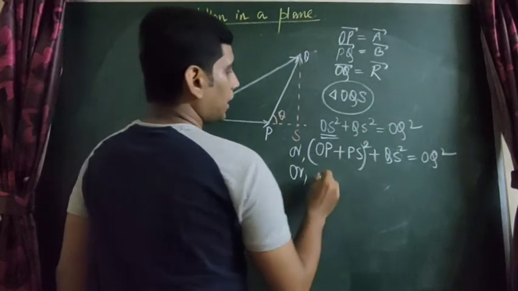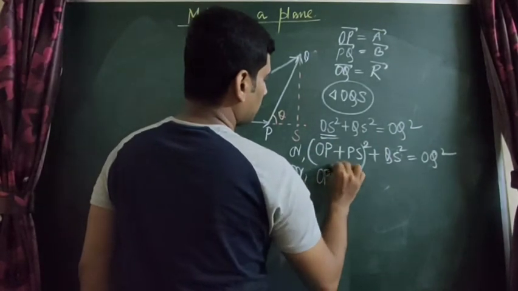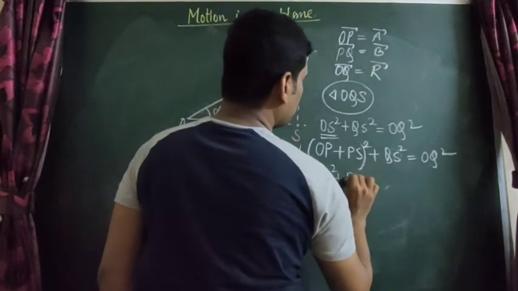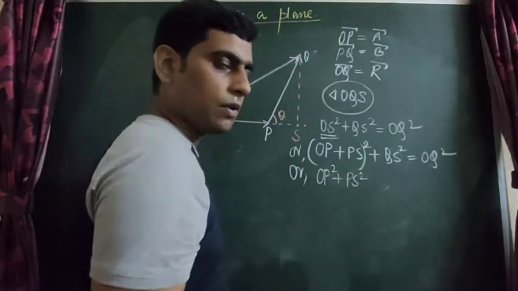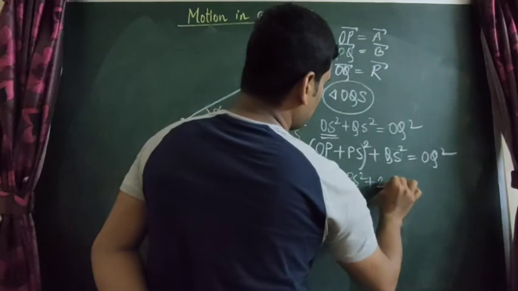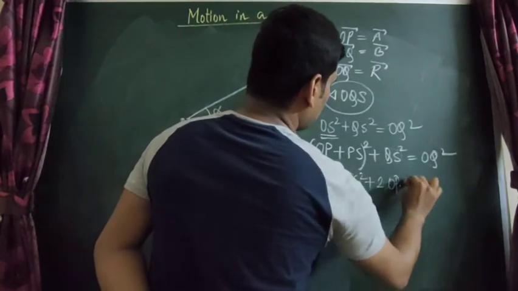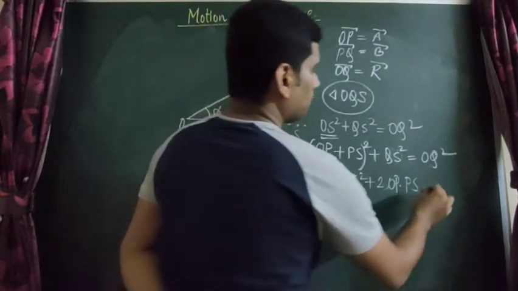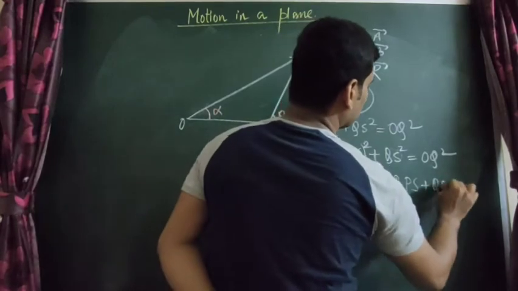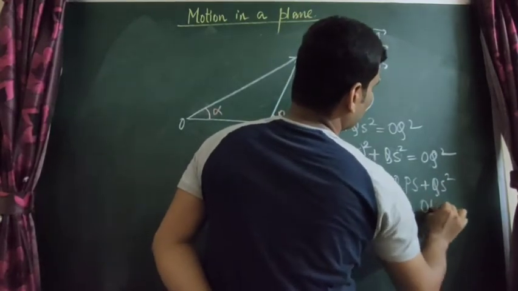So from this, what do we get? OP square plus PS square, using the (A plus B) whole square formula, plus 2 into OP into PS, plus QS square is equal to OQ square.